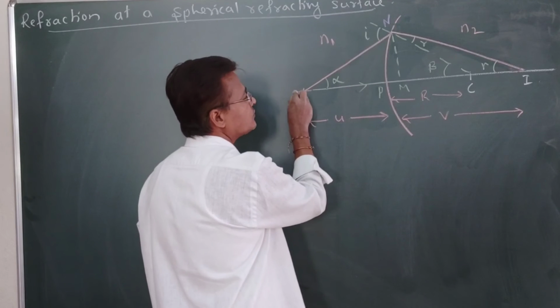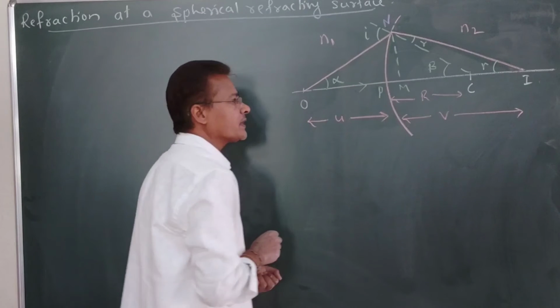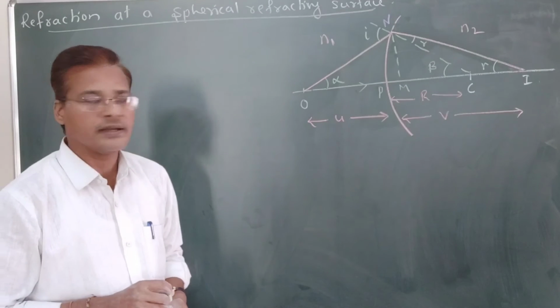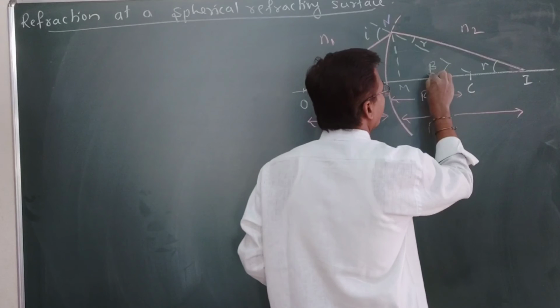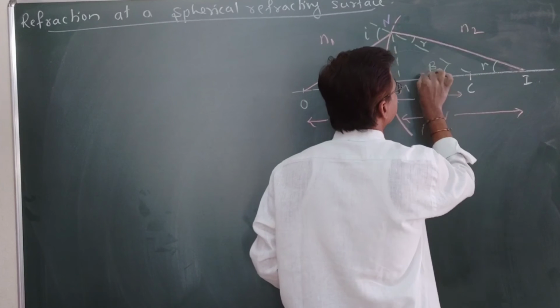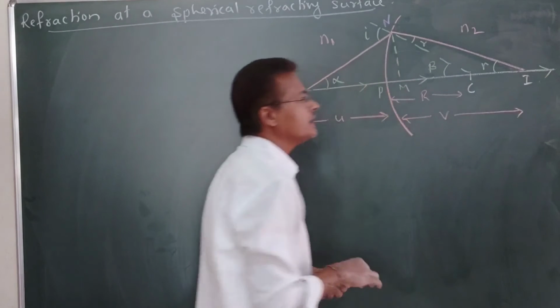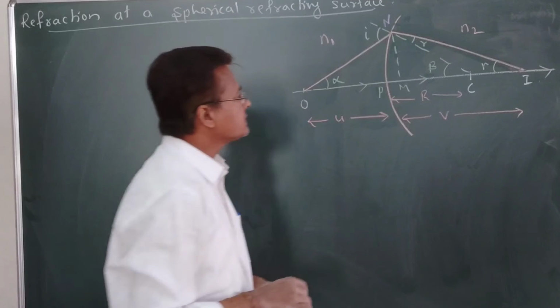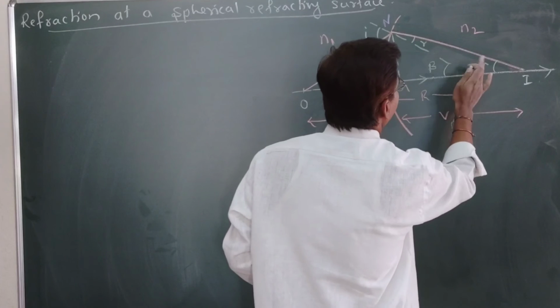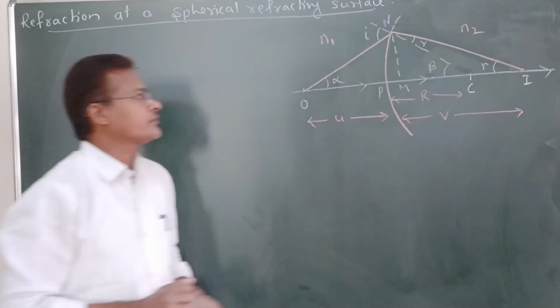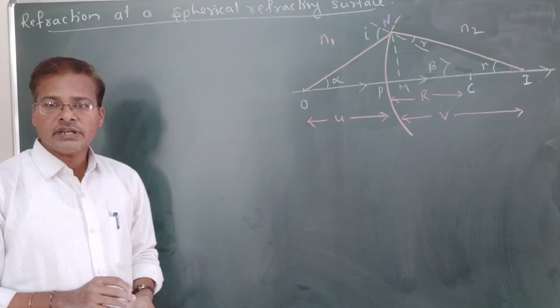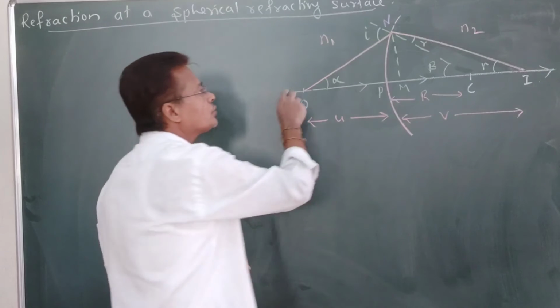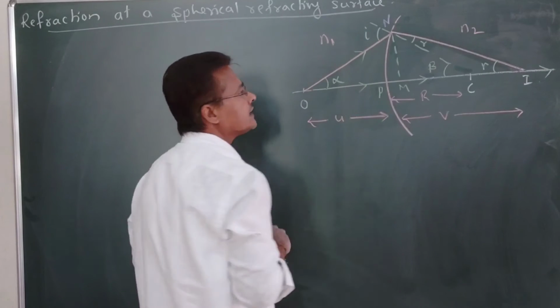So when the object is placed on the principal axis, one ray passes along the principal axis and is undeviated. This ray does not deviate, it will move as it is. Now another ray we are taking, that is O2N. This is the incident ray.